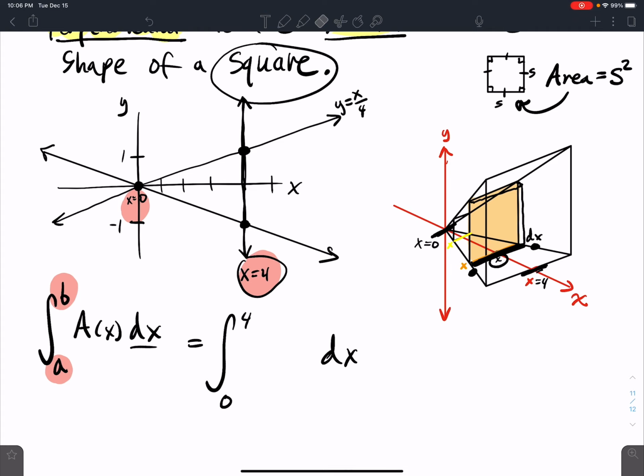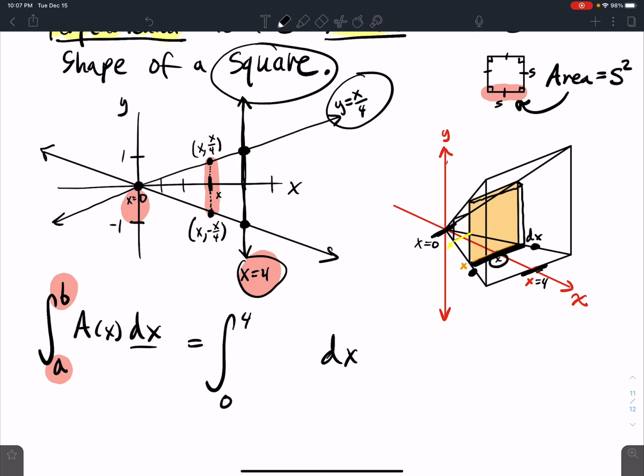Say we pick some arbitrary x in here. If I go up to this point on the line, what is that point? That's (x, x/4), right? That satisfies this equation. What about down here? This is (x, negative x/4) down here. So how do I find the distance from here to here? Because if I know that distance, then I know the length of that side, don't I?